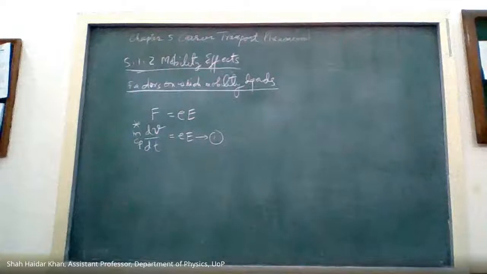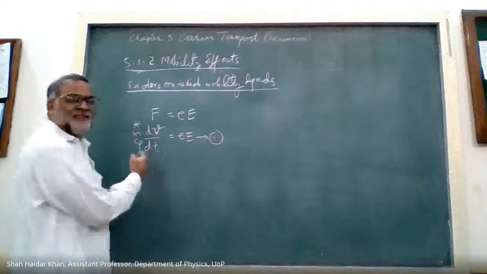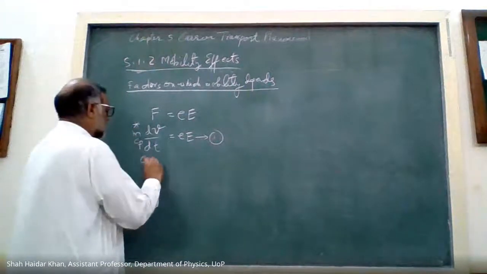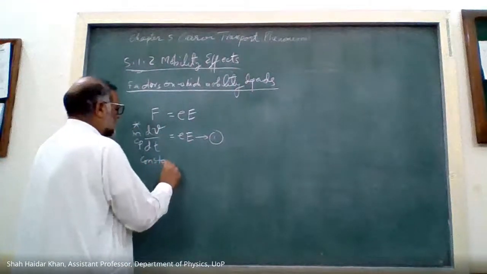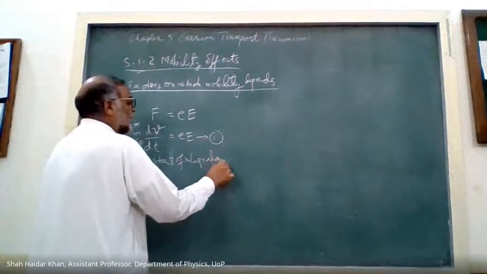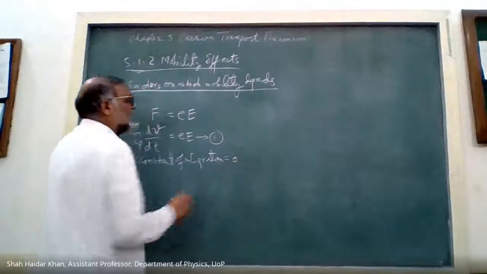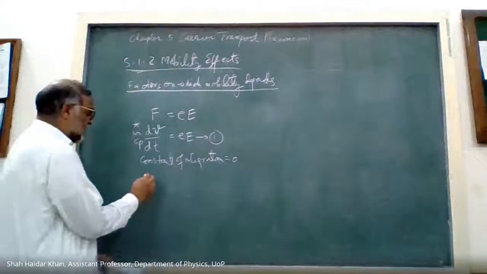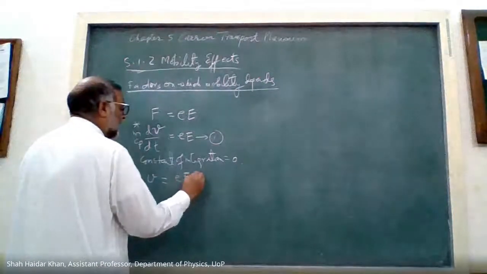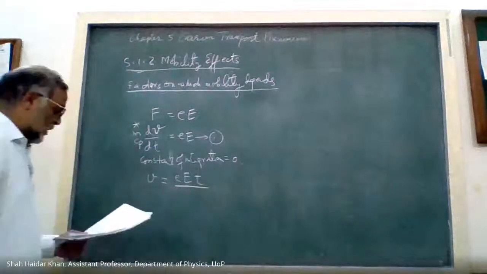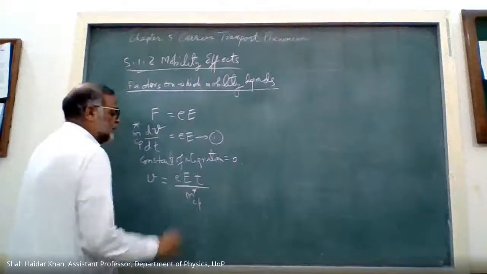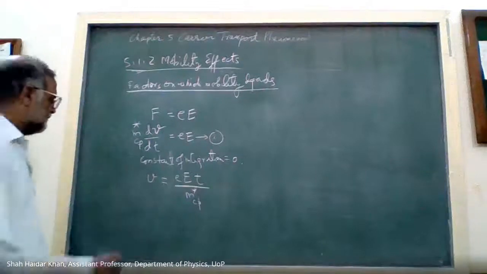Now, if we integrate this equation, with the constant of integration equal to 0, then we get v is equal to eEt divided by the conductivity effective mass, the effective mass of holes.